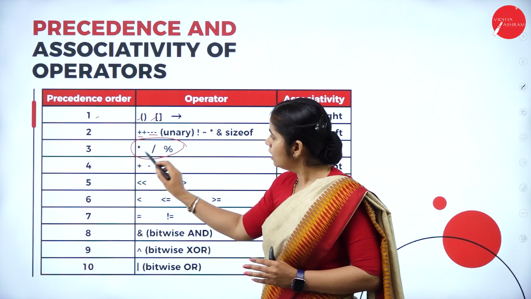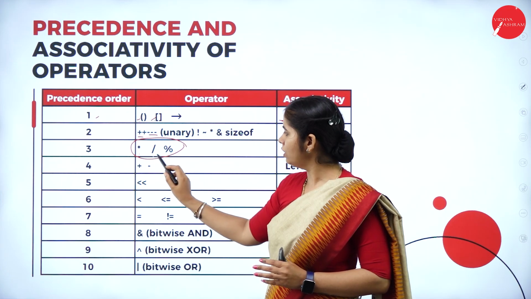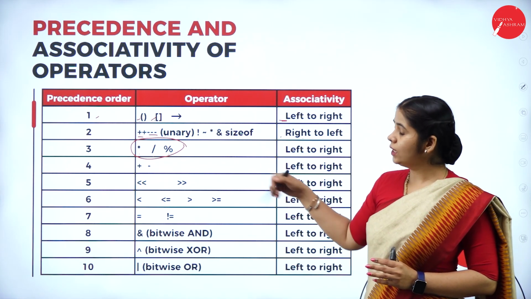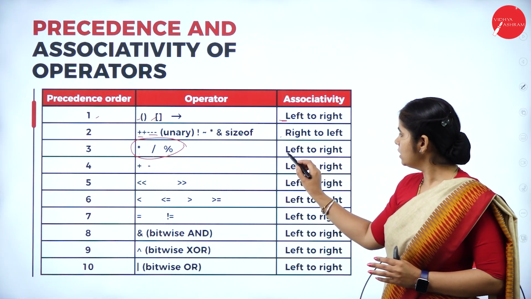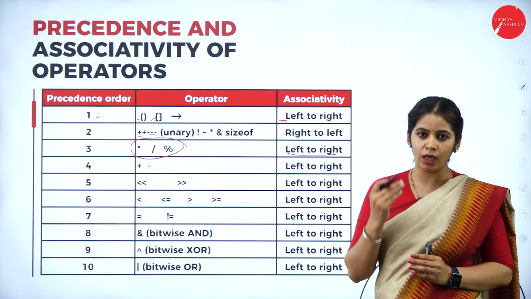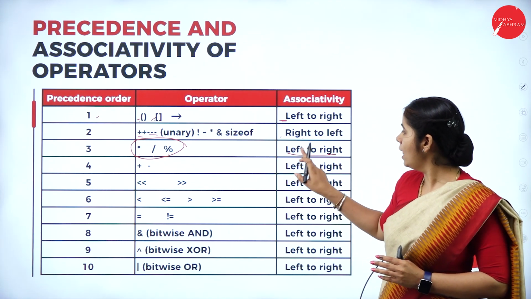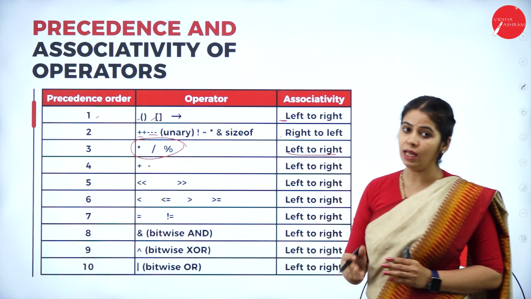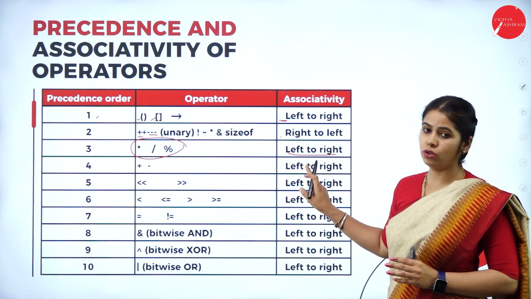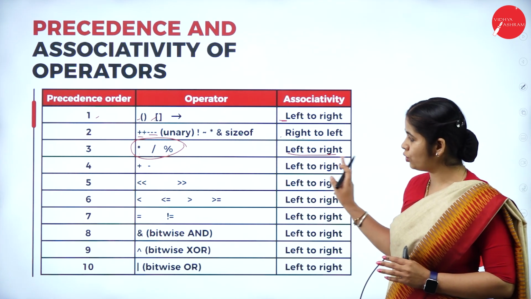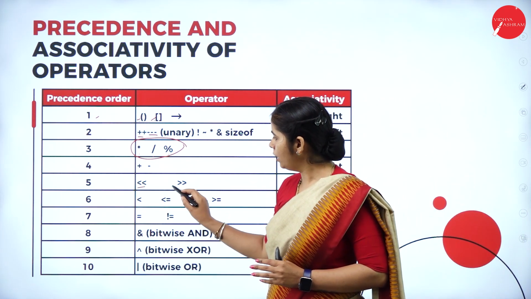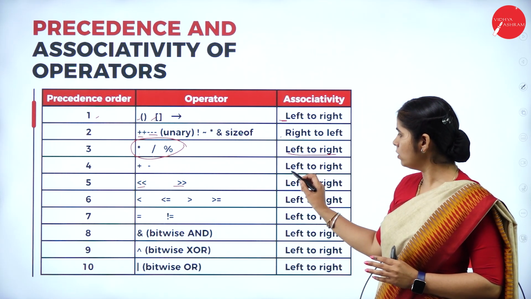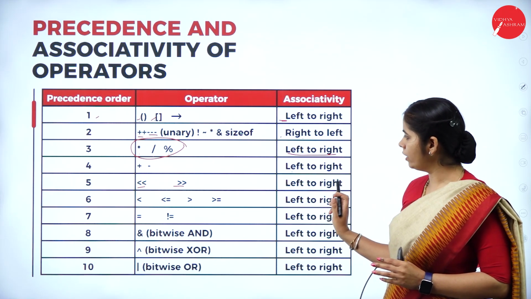Then star, that is multiplication, division and modulus, have the next highest priority. The associativity of those operators is left to right. Then addition and subtraction have the next priority, and that associativity is also left to right. Then increment operators also have left to right associativity.